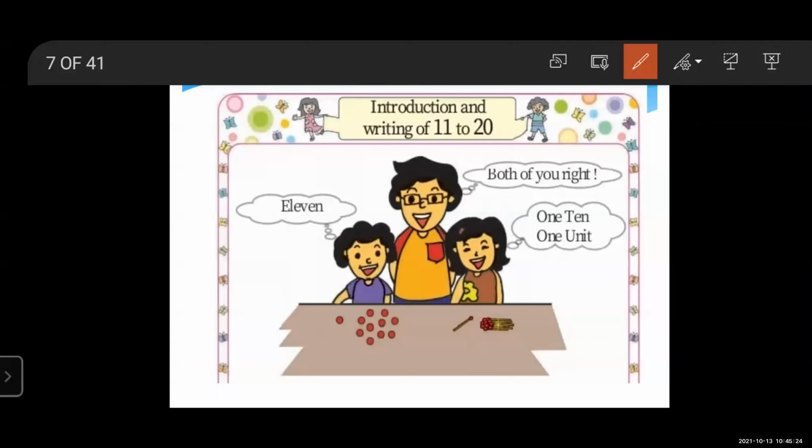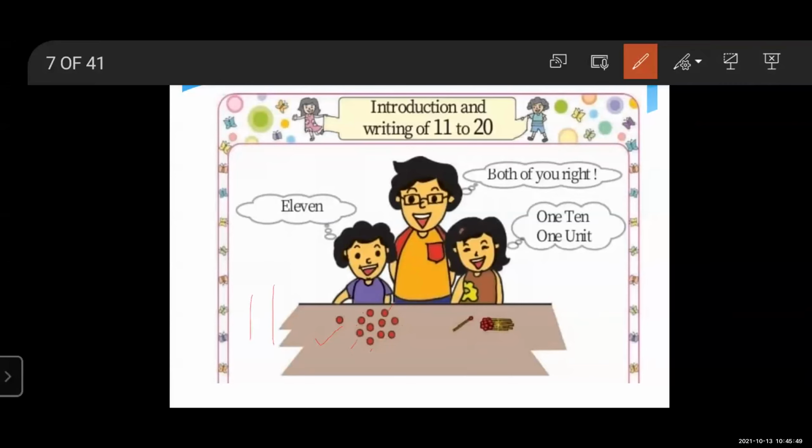When the boy counts the beads, how many beads are there? 1, 2, 3, 4, 5, 6, 7, 8, 9, 10, 11. How many beads are there? 11. The boy is counting beads, 11.